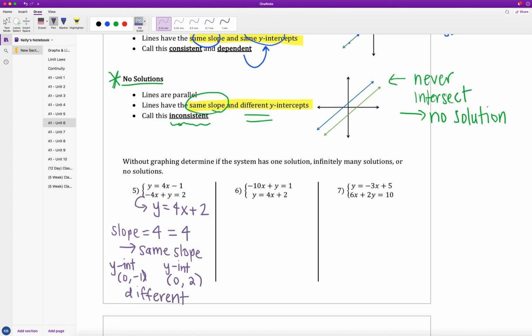So I have the same slope, but I have different y-intercepts, which tells me that I have then parallel lines. So these are lines that are never going to intersect. So will I have one solution, infinitely many, or no solutions? I will end up then getting no solutions for this system, since the lines are parallel.